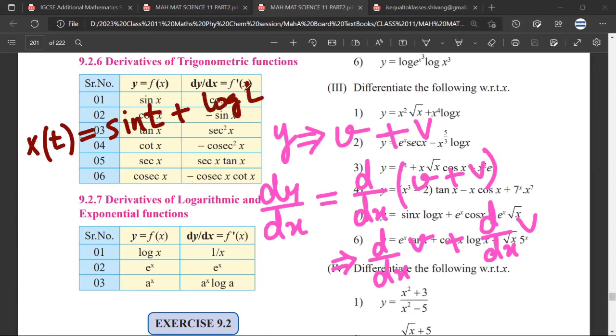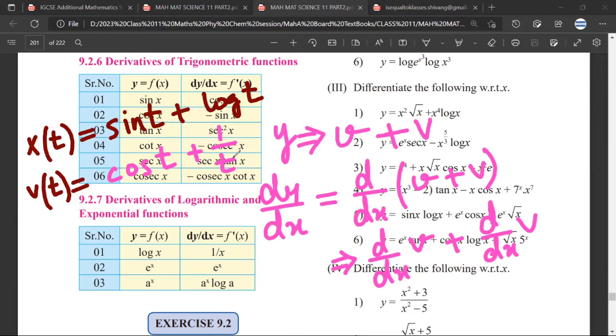If this is my displacement function of a body moving using this kind of function, and I have to find the velocity function, my velocity function would be given by the differential of sine t. If I look at the table, differential of sine x is cos x. So differential of sine t would be cos t plus differential of log t. What is the differential of log x? The differential of log x is 1 by x, so this will be 1 upon t. Avantika, is it making sense?